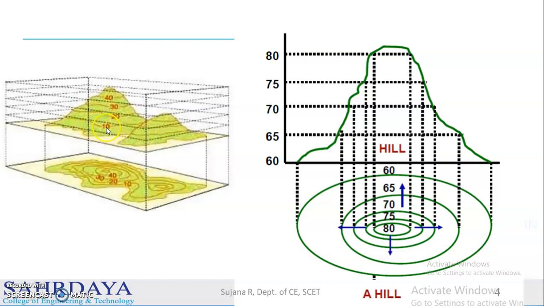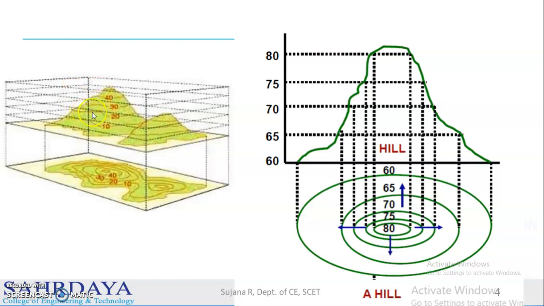If you take the curve with number 10, it implies that the curve passes through the points on the hill which are at an elevation of 10 meters. The curve just above that is 20. Obviously the curve 20 will be above 10. Similarly, you can represent the contour corresponding to any elevation.